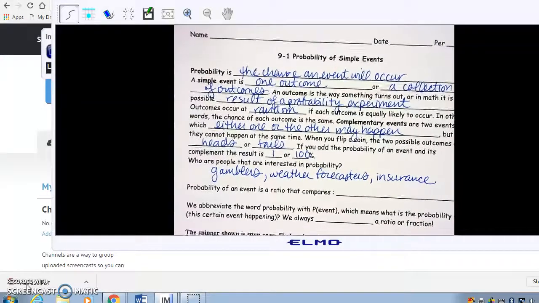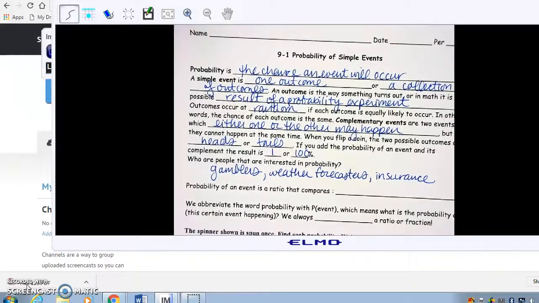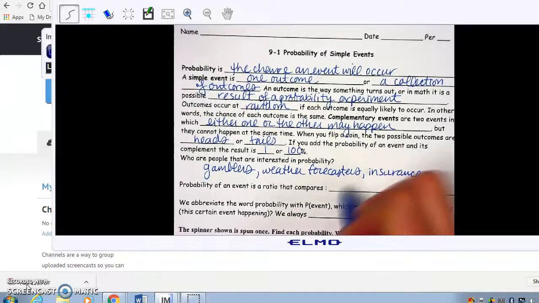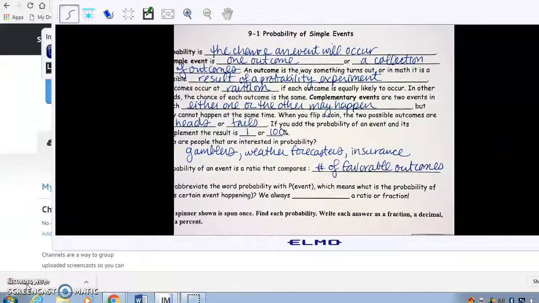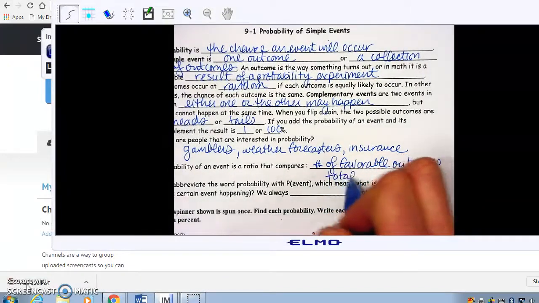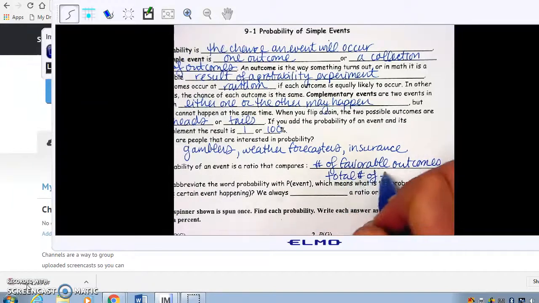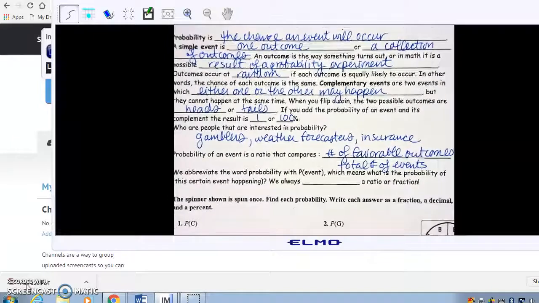A little bit more in terms of vocabulary. The probability of an event is the ratio that compares. This is going to be like a fraction. So the number of favorable outcomes goes in the numerator. The things that we want to happen, or the things that make us happy, number of favorable outcomes out of the total number of events. What do we want to happen out of the total?